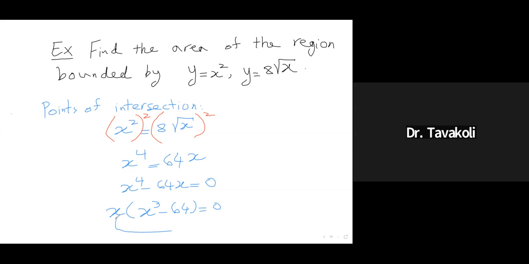So x is 0, and x cubed minus 64 equals 0, meaning that x cubed is 64.